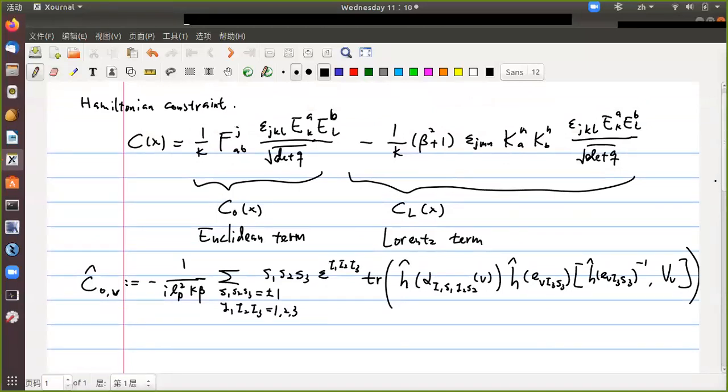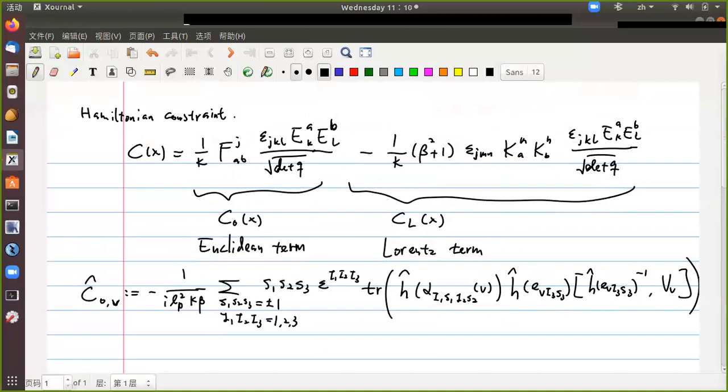Okay, so in this lecture we are going to finish the entire quantization of the Hamiltonian constraint.